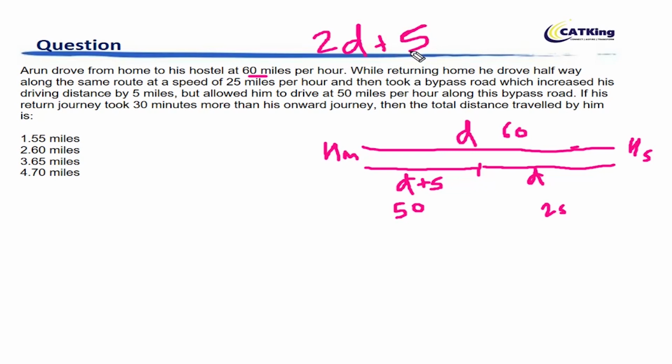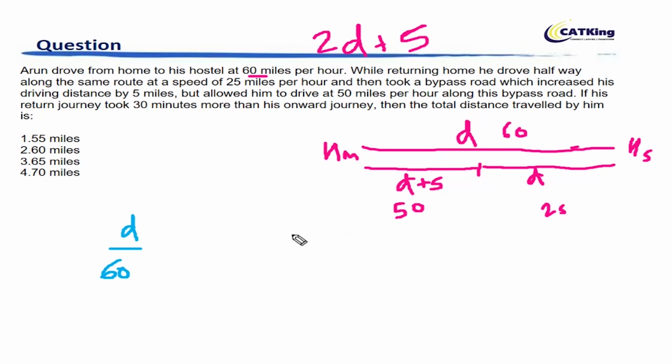Now let's try solving this. So traditionally, how will you solve this question? We will come to the exam approach later. But for the first time, let me give you the approach first, or the concept. Now, if you actually see, the time taken in the first half is d upon 60, right?